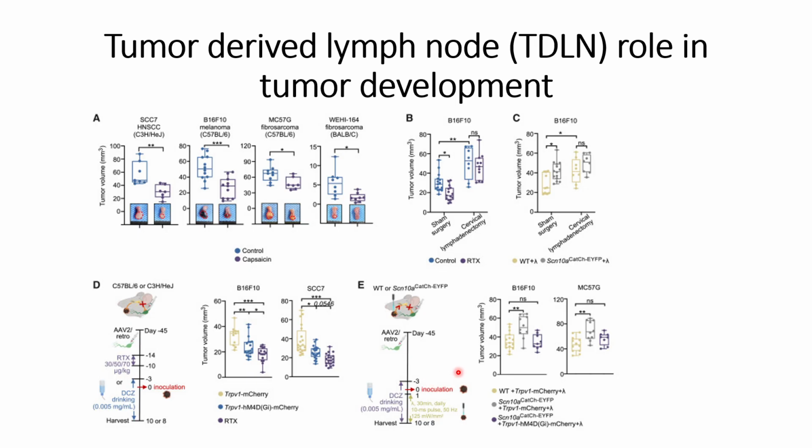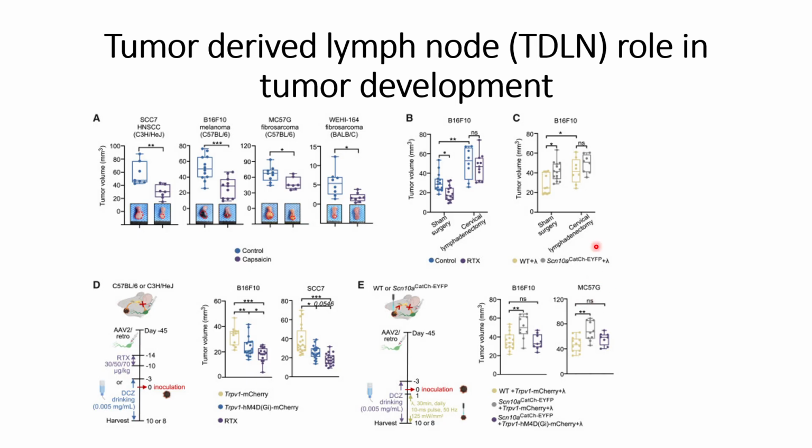In that case also they are able to see that when only the CatCh optogenetic based activation is there, or when only the CatCh is transduced, they see enhanced tumor volume. But when they also transduce HM4DGi, the tumor suppression is rescued and they see tumor volumes close to the wild type conditions, and similar results they have seen for MC38.